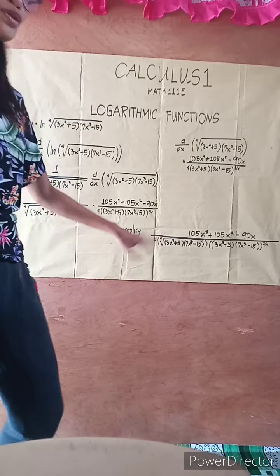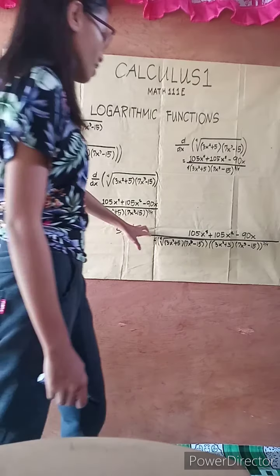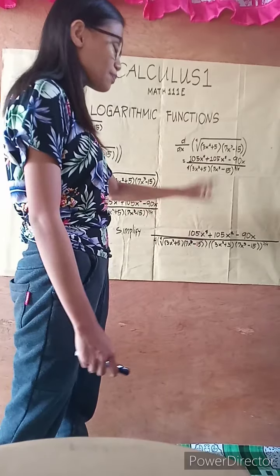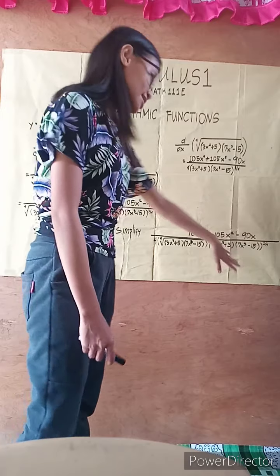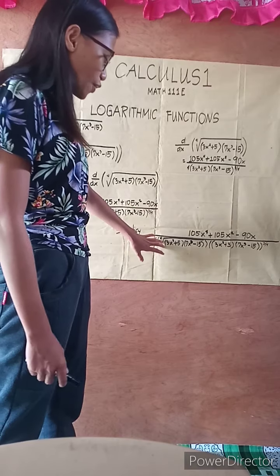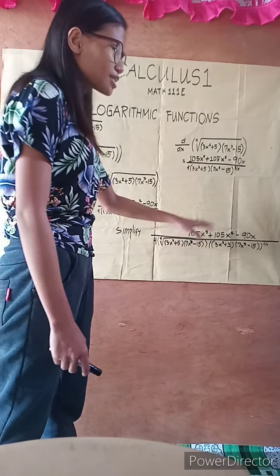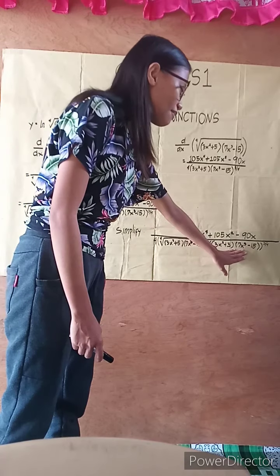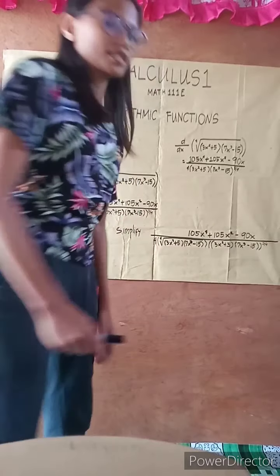To simplify, the final answer will be (105x to the power of 4 plus 105x squared minus 90x) over 4 times the fourth root of (3x squared plus 5)(7x cubed minus 15) times ((3x squared plus 5)(7x cubed minus 15)) raised to the power of 3 fourths.